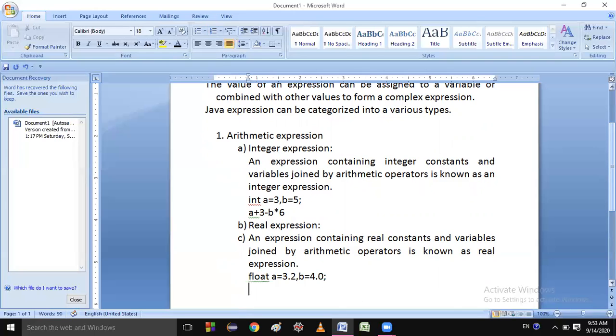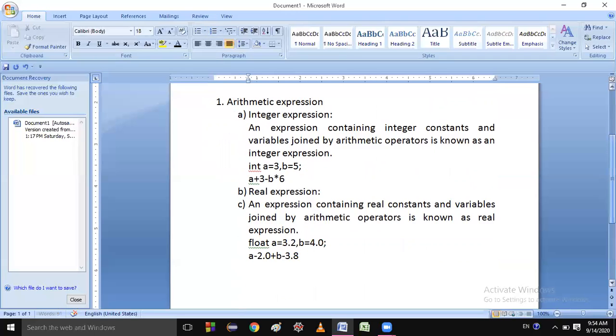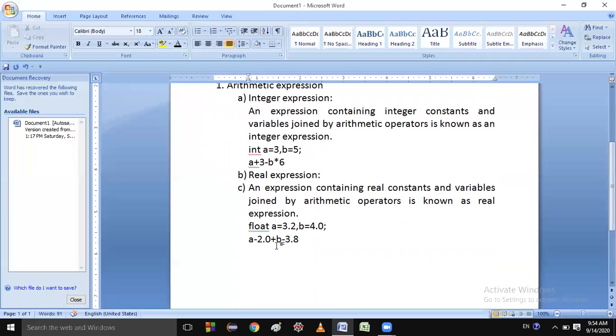If I write here a minus 2.0 plus b minus 3.8, you can write like this because the constants will also be real numbers, that means decimal numbers.